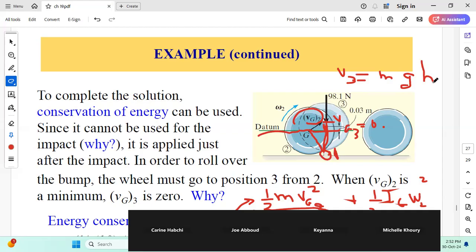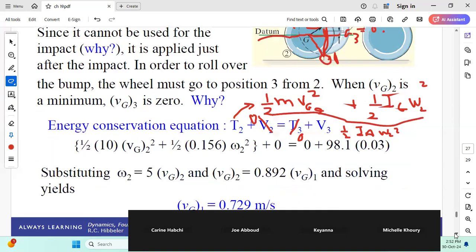Now in this equation, your only unknown is omega at state 2. So you will be able to solve for omega 2 minimum to be able to reach the maximum height. And since omega 2 is related to Vg2, you calculate Vg2.